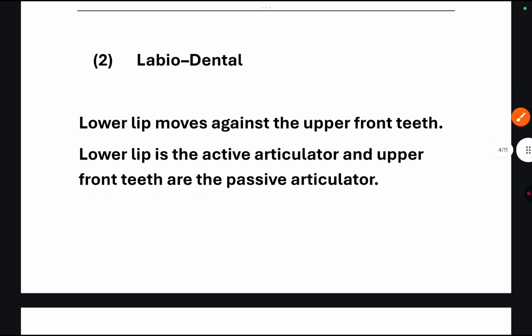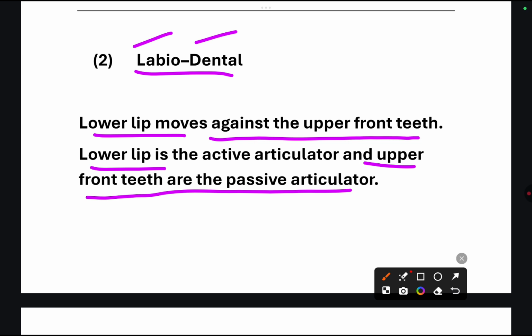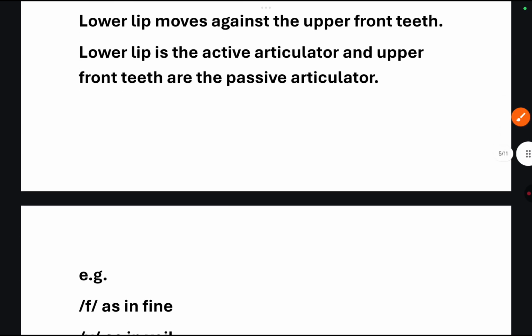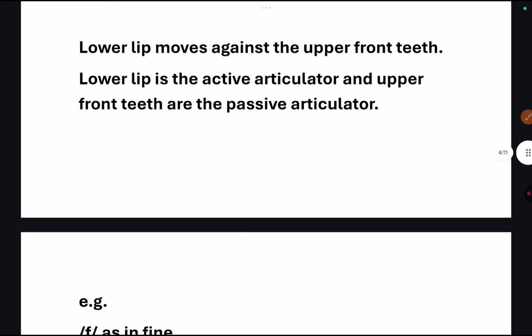Now labiodental, what does it mean? Labio means lip, dental means your teeth. Lower lip will move against the upper front teeth, meaning the lower lip is your active articulator and your upper front teeth are the passive articulators. Now you will get to know more from the examples. Fine, here the lower lip is the active articulator.